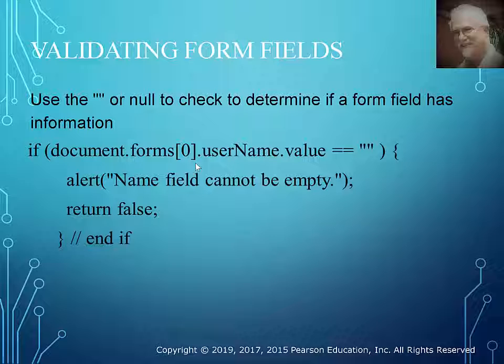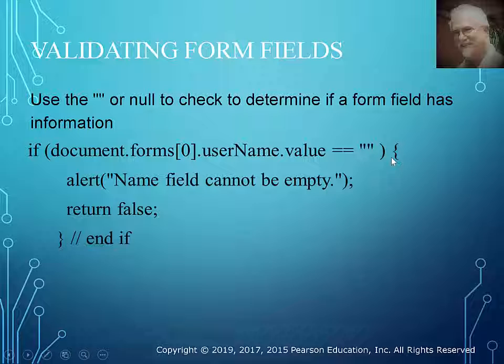The document creates an array of all the different forms in that document, and the first one is 0. So the document's first form, which is 0, the username, and the value is equivalent to nothing. So it's checking to see if there's anything in that field called username.